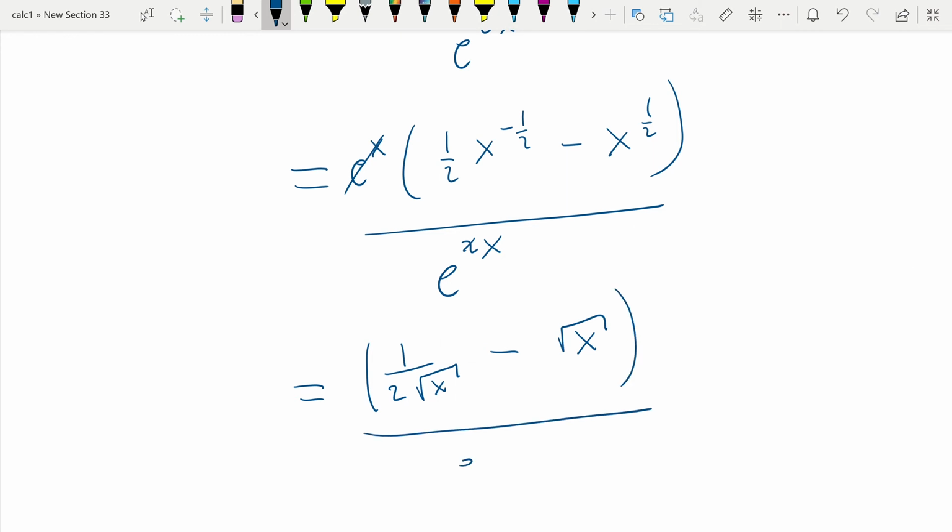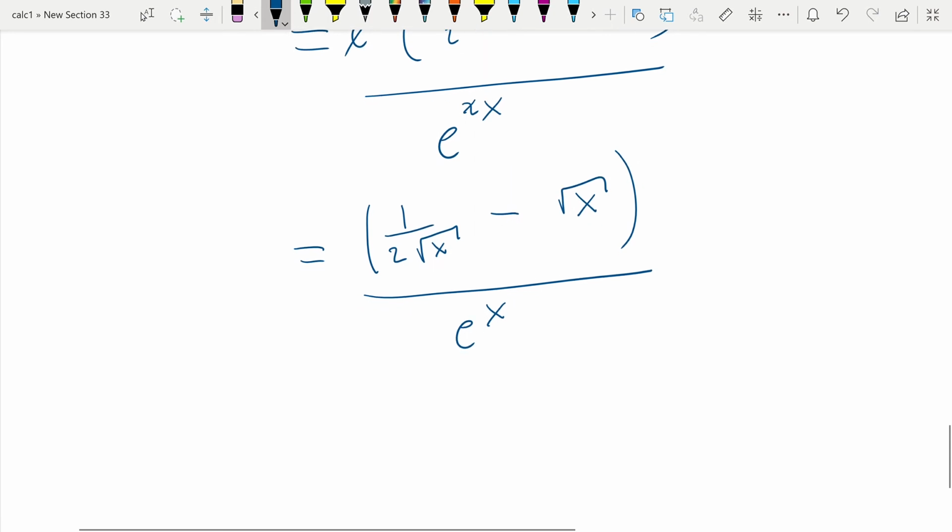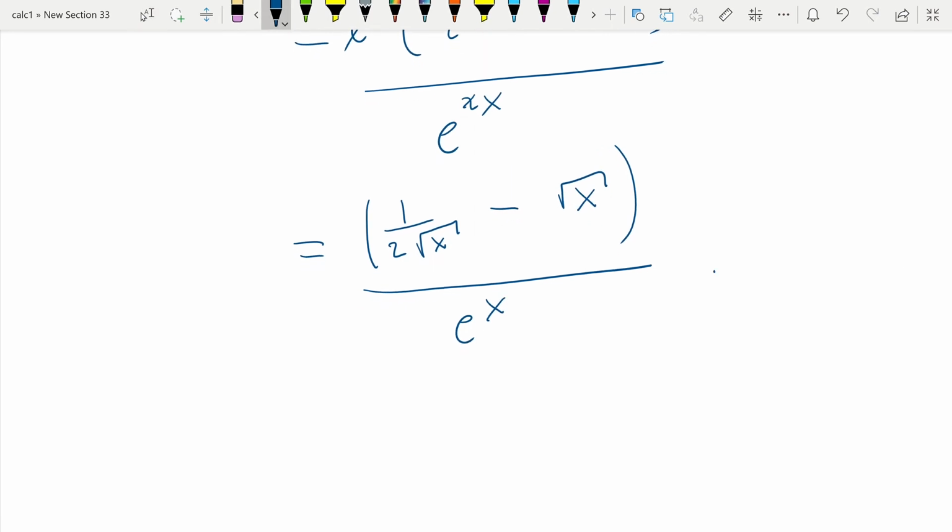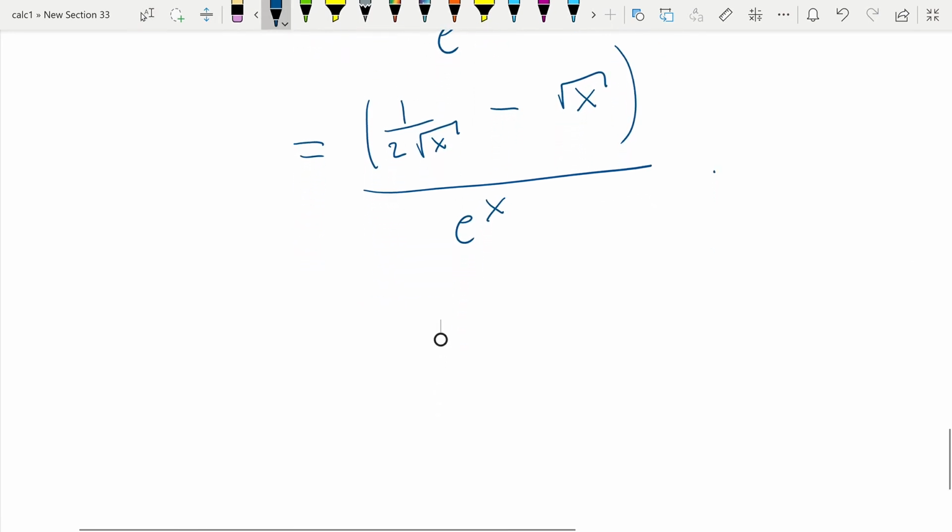All that then is just divided by e to the x. So this is the first solution using the quotient rule because it was given to us as a quotient.